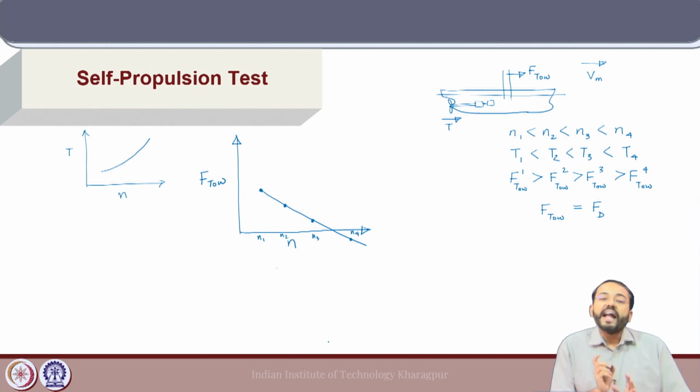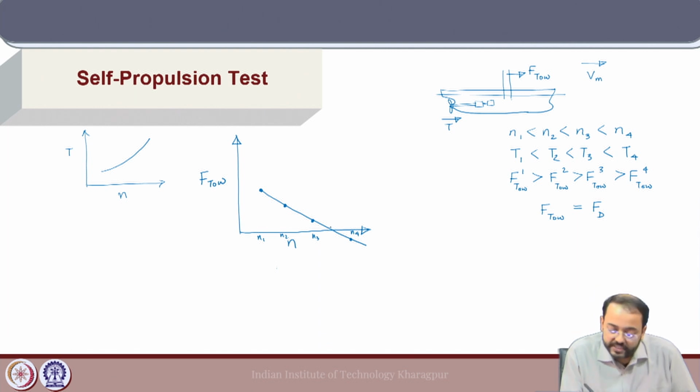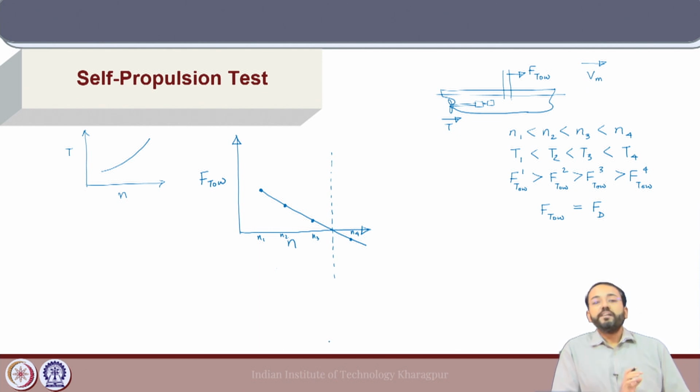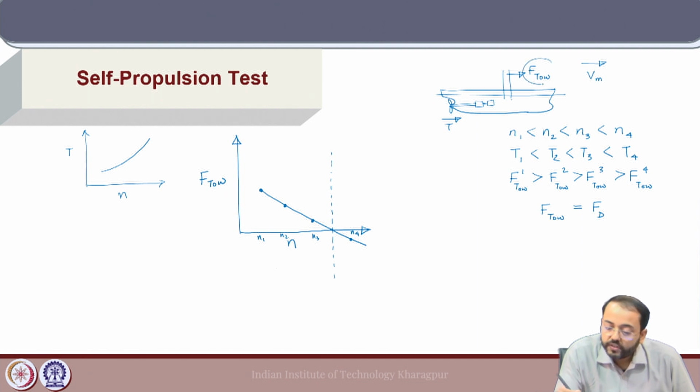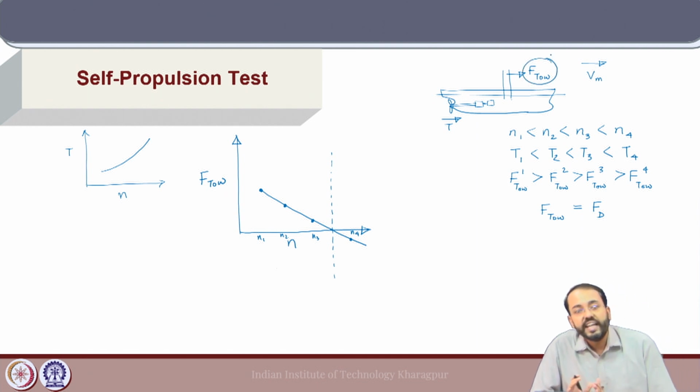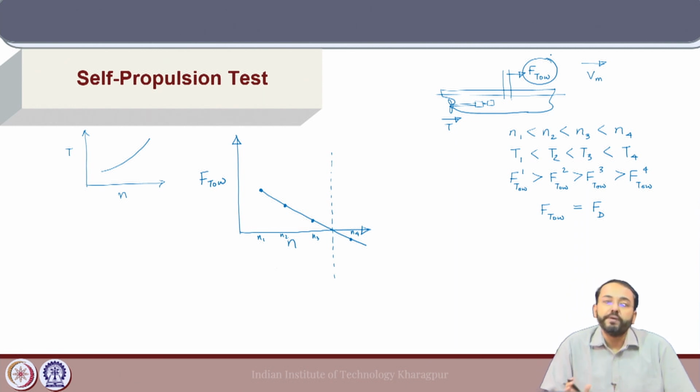Now, at the point where the tow force is 0, what is the physical meaning? When there is no tow force required to tow the model, the thrust is enough for the model to be propelled.